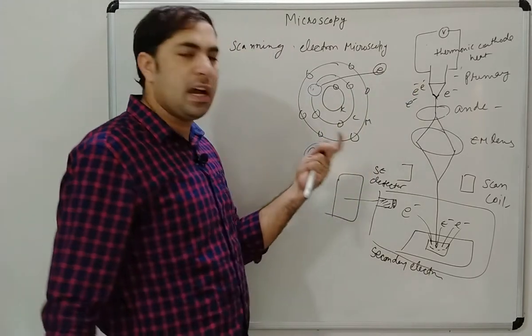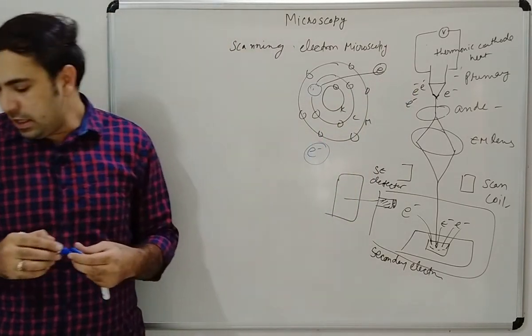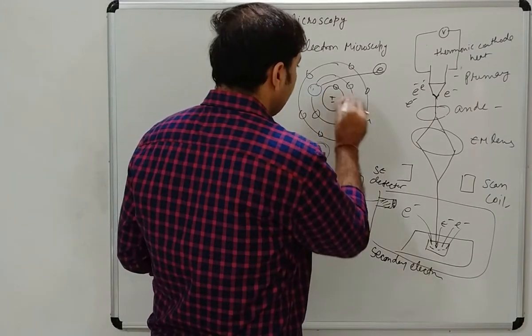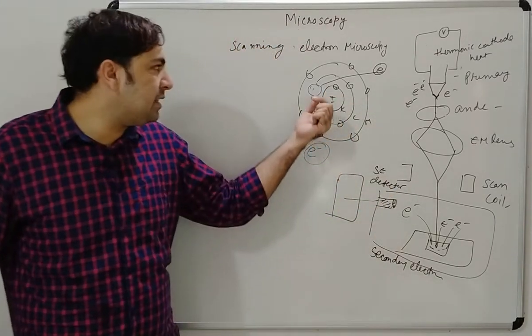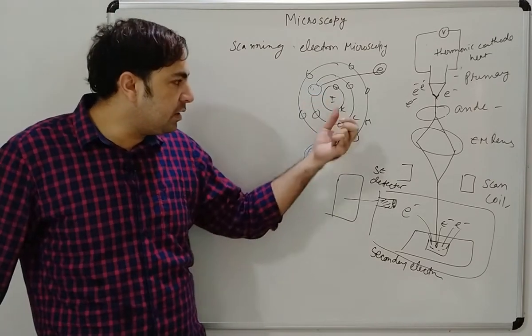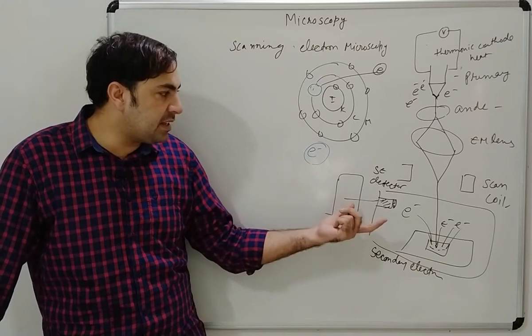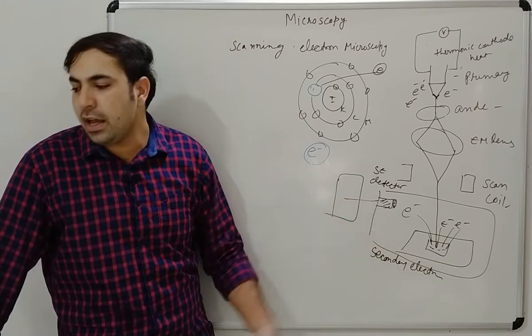Lots of electrons come and replace the electron in the sample, then we get a secondary electron, and the secondary electron detector measures the result and converts it into the image.